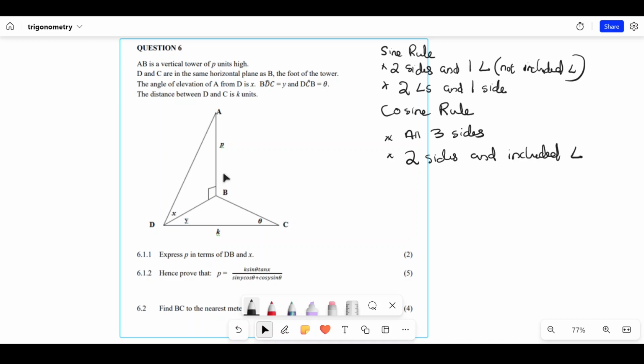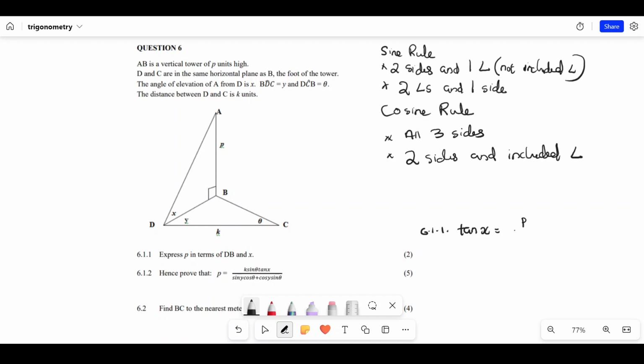We are saying opposite and adjacent because it's a right angle triangle. So for 6.1.1, you can use the ratio tan of angle X is opposite, that is P, over dB, that is the adjacent side. And you are asked to express P.